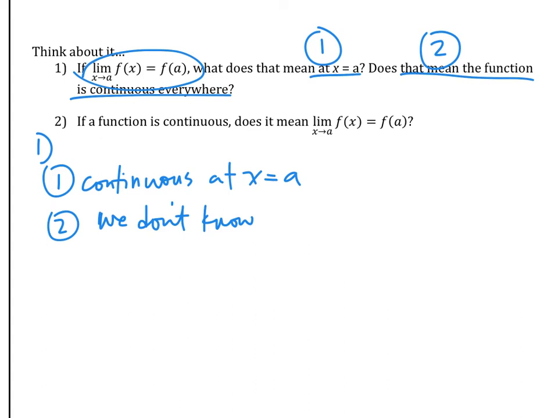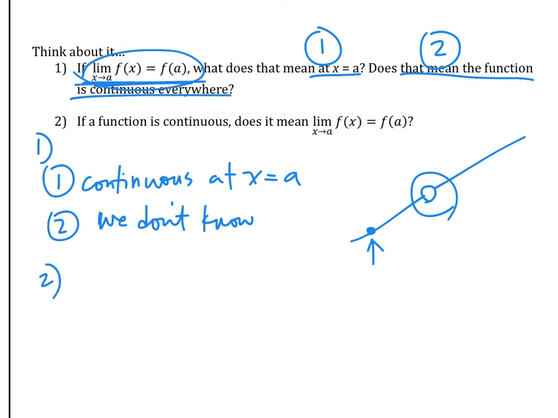For example, let's say they gave us this information: the limit from both sides is equal to the actual point, so we know at that point it's continuous. Is it continuous everywhere? No. There is another place where there's a hole, so we cannot conclude just by a limit statement that the whole function is continuous. Please be careful of that.